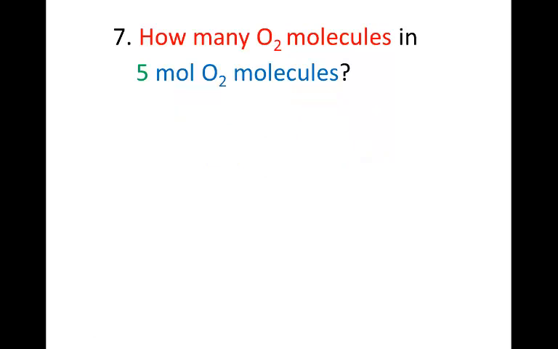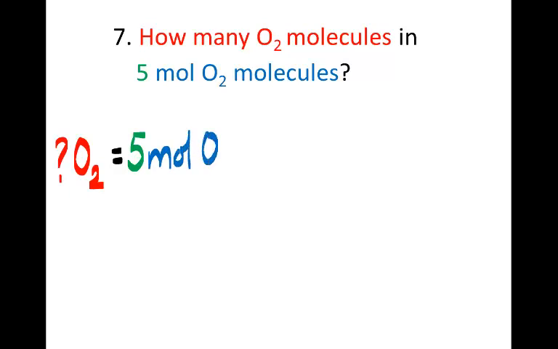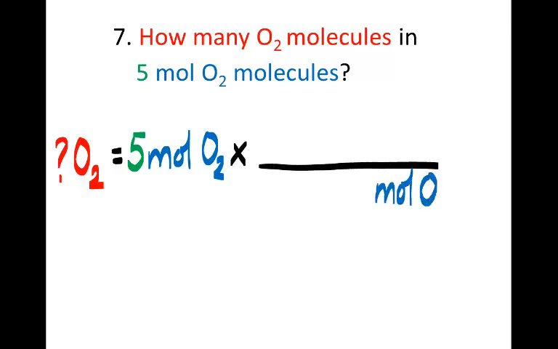So you answer this question yourself before I show you the answer. How many O2 molecules in 5 moles of O2 molecules? So we need a unit factor that has moles of O2 at the bottom to cancel away the given unit, and O2, in other words O2 molecules, at the top.